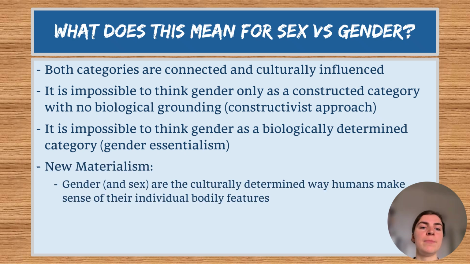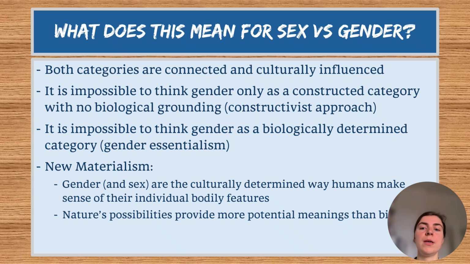It would claim that gender and sex are culturally determined, the culturally determined way that humans make sense of their body, or how humans make sense of their individual bodily features with regard to sex or gender difference. So the body is super important, central to the concept, but the body doesn't determine everything. It's rather about how the body is interpreted.